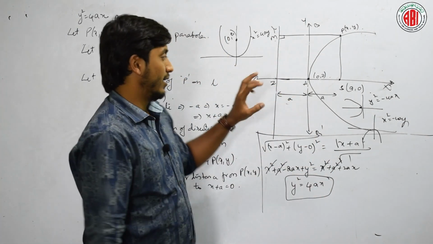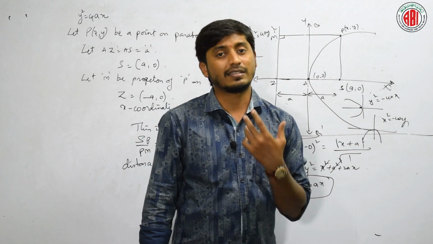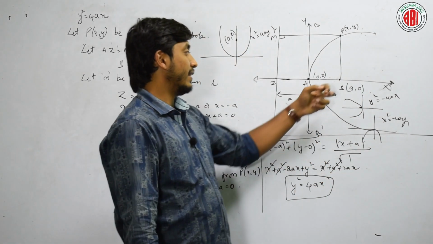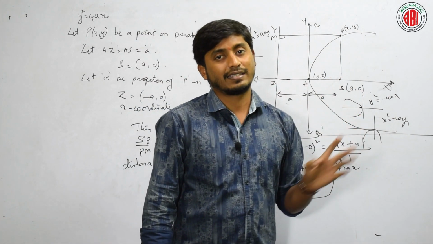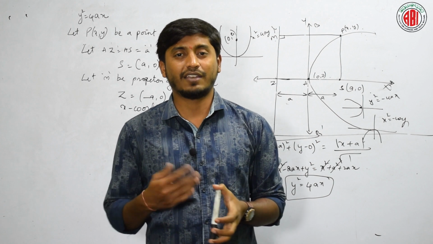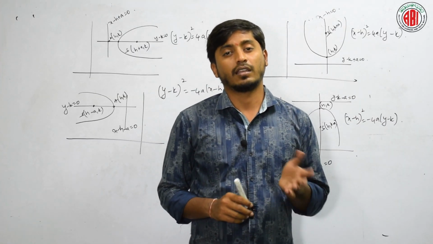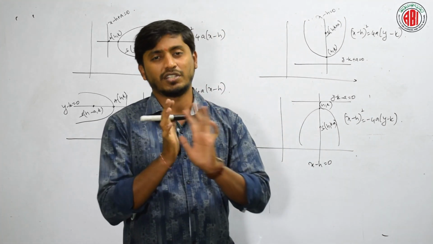We can learn all those varieties of parabolas now. Clear? But the main thing you have to remember is this (a, 0) and this is the vertex. Clear? Shall we understand a few more things of that? Let's do. How many varieties of parabolas are there? As we discussed before, it can be based on the axis, based on the position and everything.